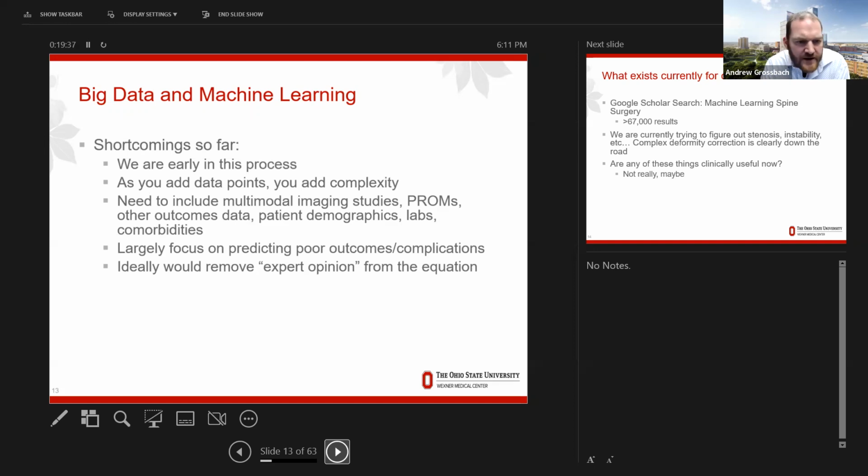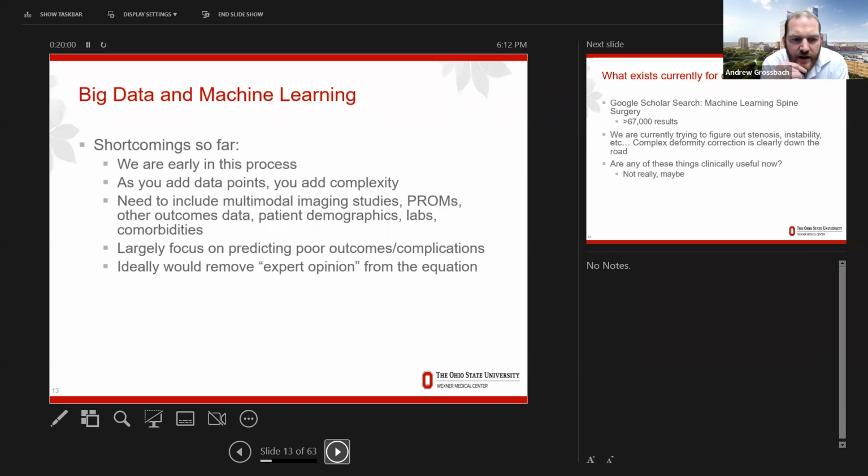We need to incorporate patient-reported outcome measures, other outcome data, patient demographics, lab work, bone density, comorbidities. All of a sudden, you're getting these very, very large data sets, and to get all those entered into one place, even just getting that data is problematic sometimes.